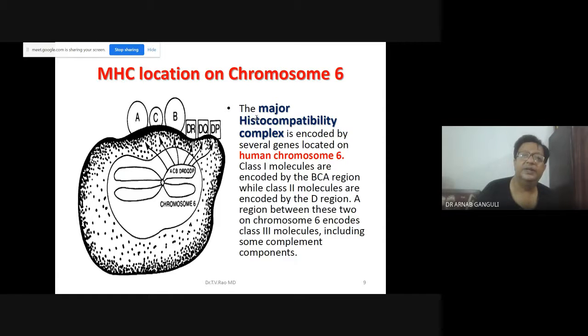Now, MHC means major histocompatibility complex. This complex is encoded by several genes, not one gene, located on human chromosome 6. Class 1 molecules are encoded by the BCA region, while class 2 molecules are encoded by the D region.